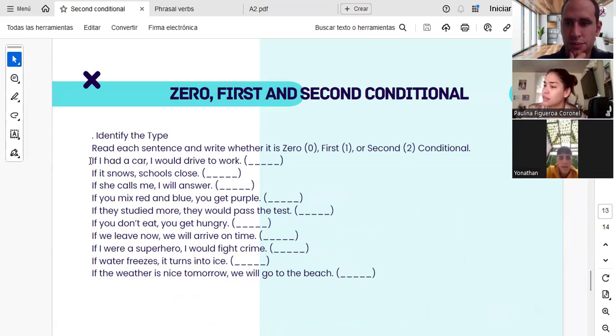It's a second conditional. Yes, for sure. Well done. Paulina, number two. If it is not the school closed, I think it's zero conditional. Zero conditional.